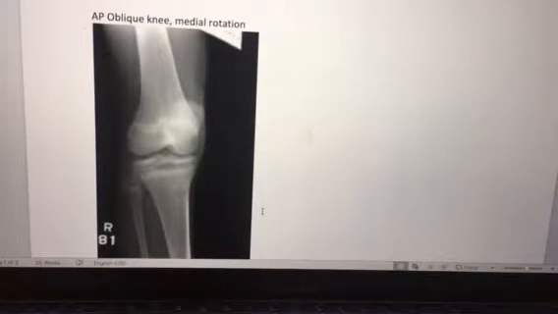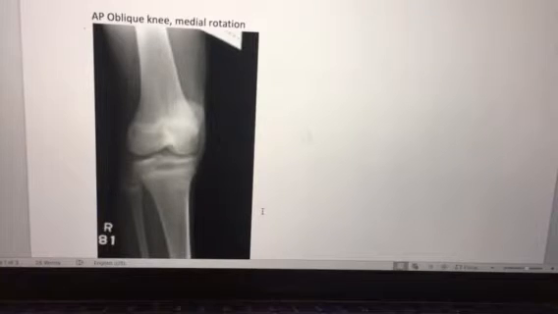You would want tibia and fibula separated at their proximal articulation. You want to see the posterior tibia, the lateral condyles of the femur and tibia, both tibial plateaus, margins of the patella projected slightly beyond the medial side of the femoral condyles, and you would want an open knee joint.